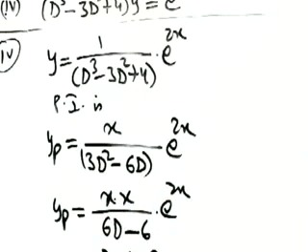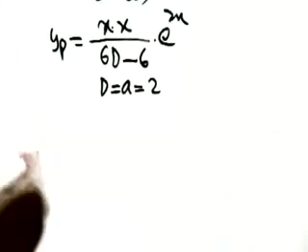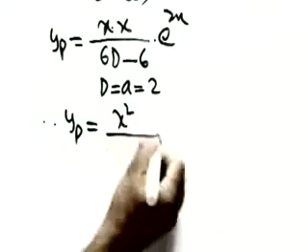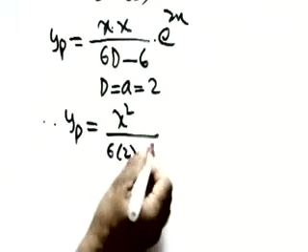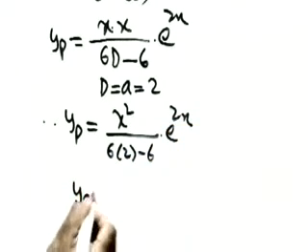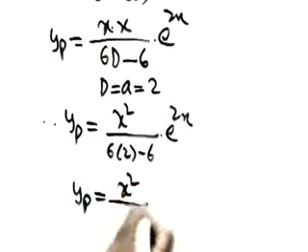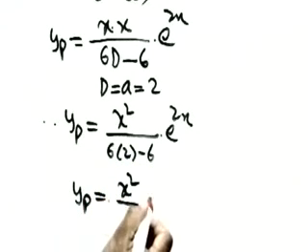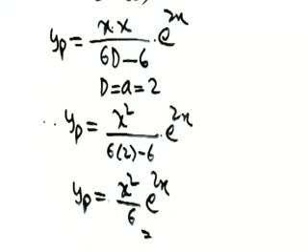Now a is 2 here, a is 2 here, a is 2 here. Therefore yp equals x squared by 6 into 2 minus 6, into e power 2x. So you get x squared by 12 minus 6, which is x squared by 6 e power 2x.